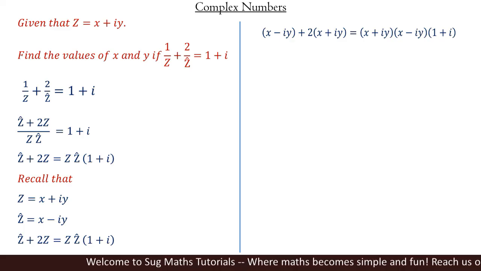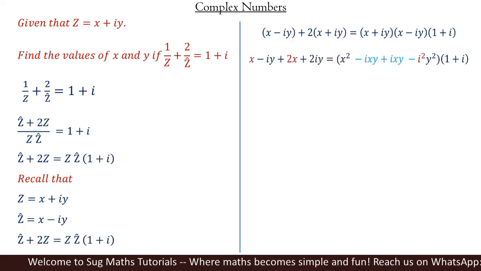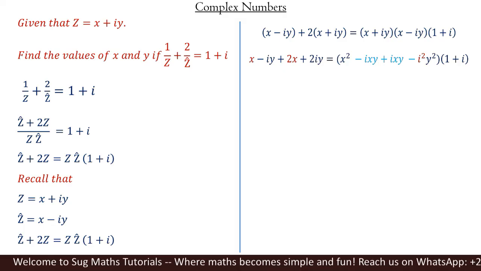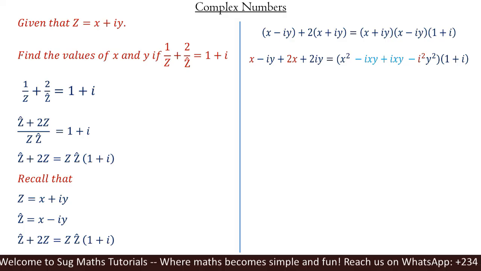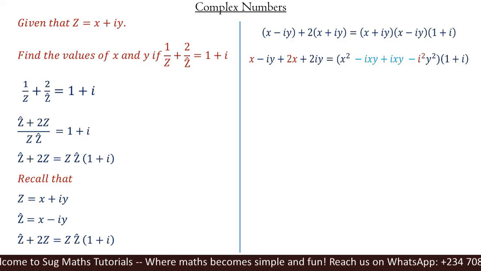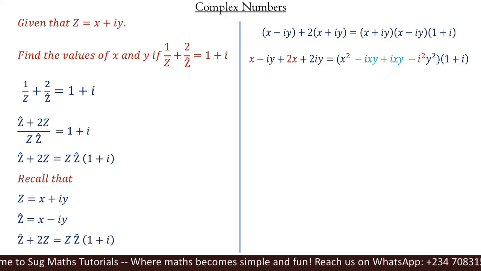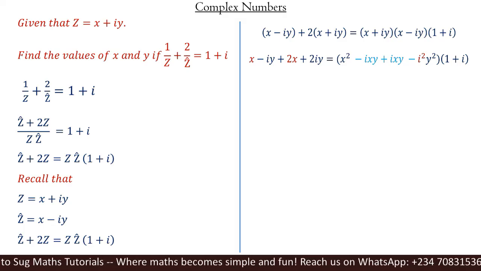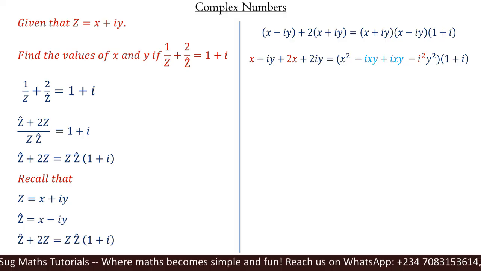Now let's open all the brackets. We multiply where necessary. The first term is x minus iy. We remove the bracket. Now using 2 to open this bracket, 2 times x gives us 2x, and 2 times iy gives us 2iy.